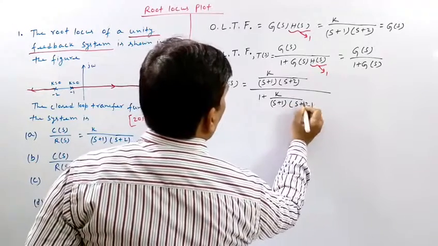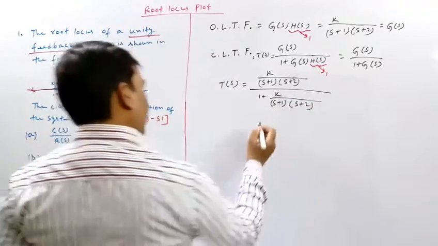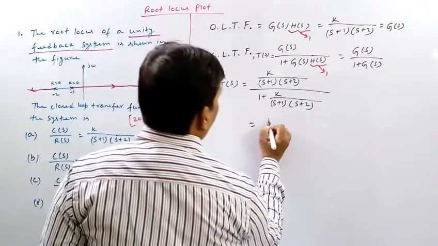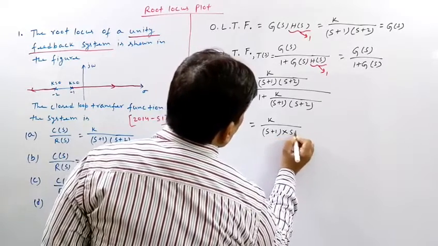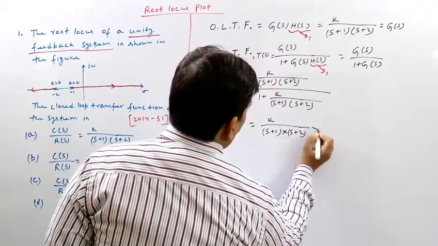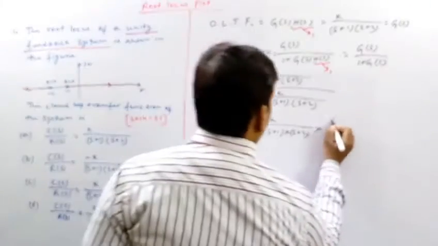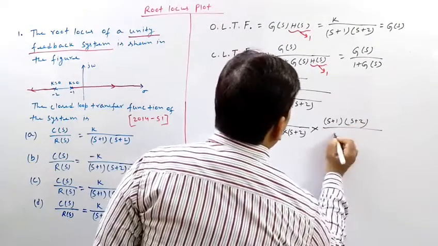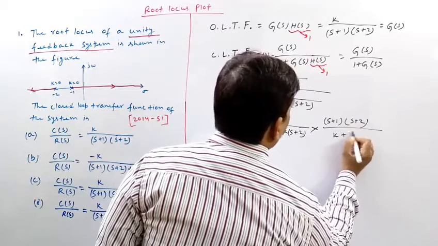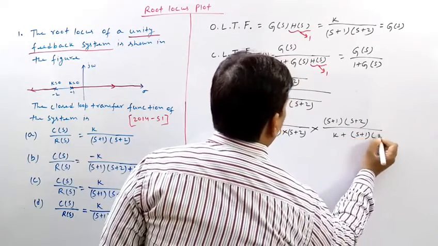Okay, so now if we solve this, then k divided by s plus 1 into s plus 2 will come in the denominator, and s plus 1 into s plus 2 divided by k plus s plus 1 into s plus 2.